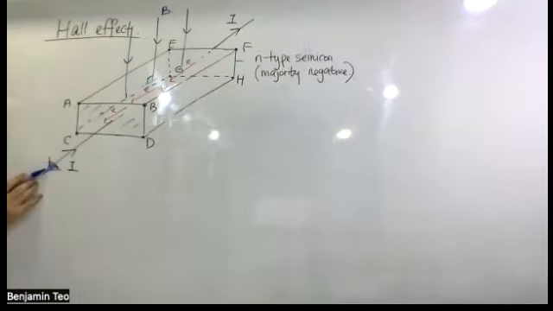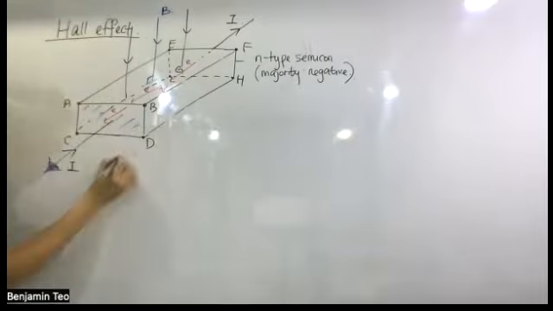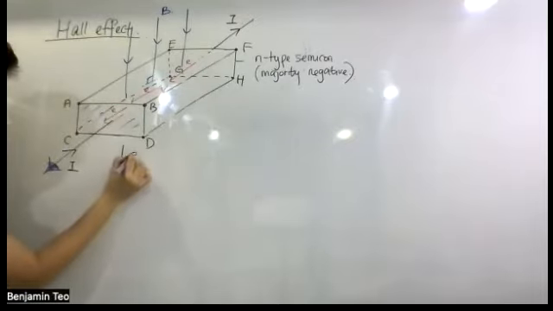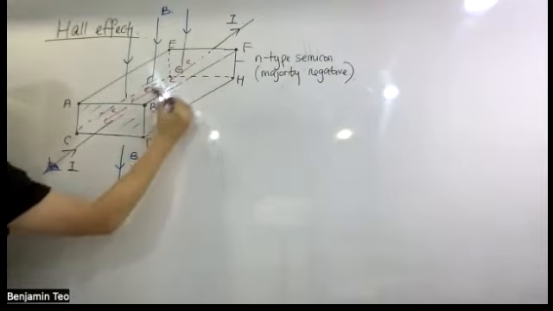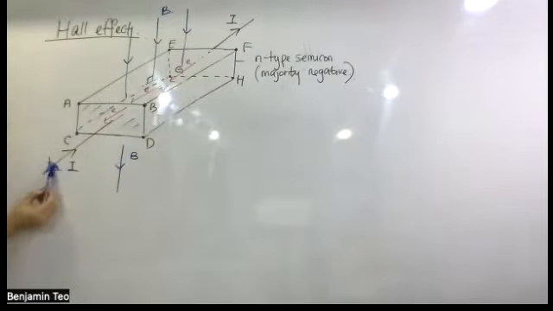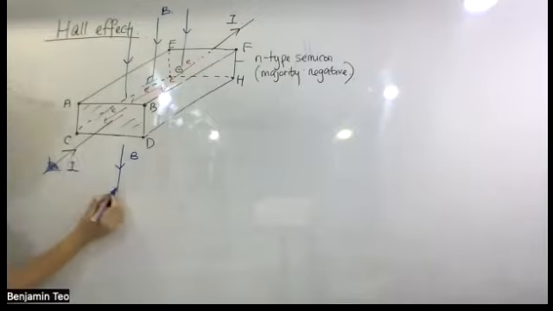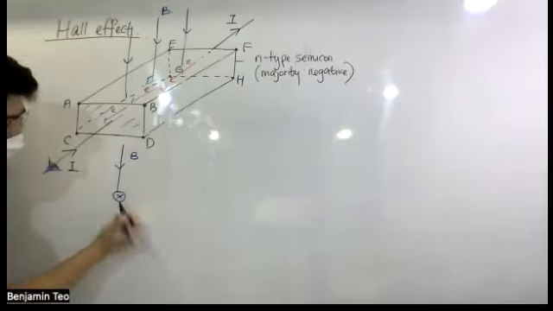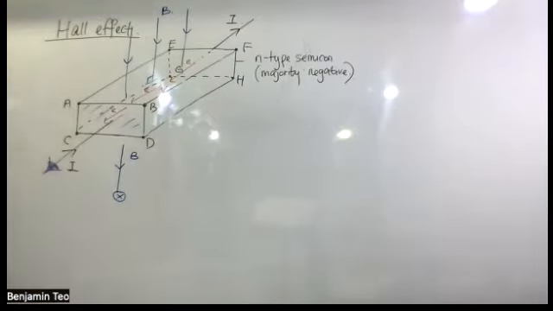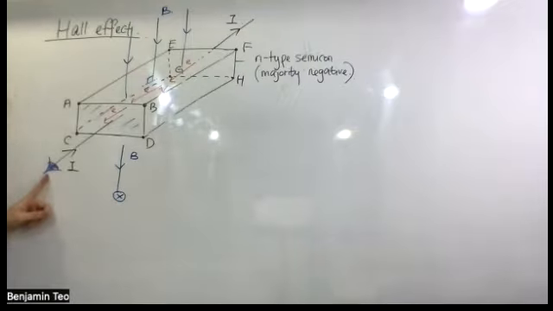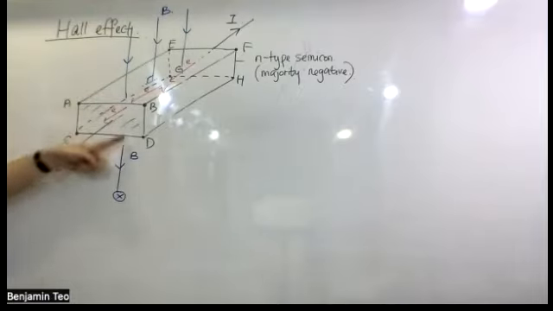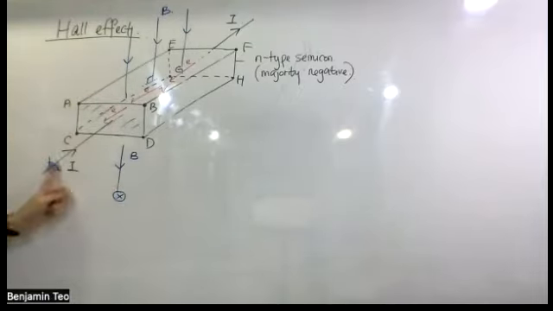If I see from here, how does the field look like? The field is straight down. What is the current flowing if I see from here? This is away from my eye, so this is X. This is 2D if I see from here. Magnetic field down, and then this is the current flowing away from my eye.